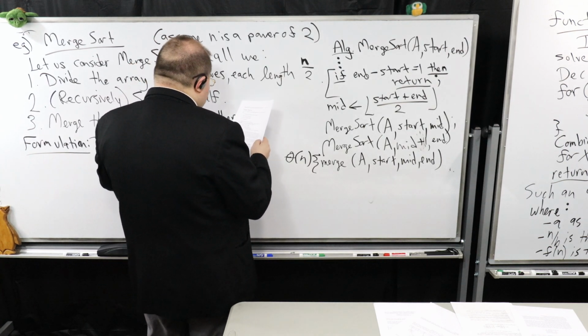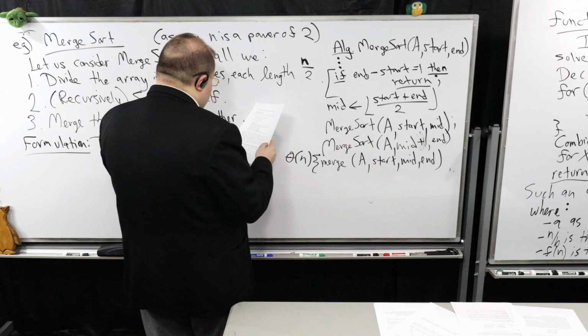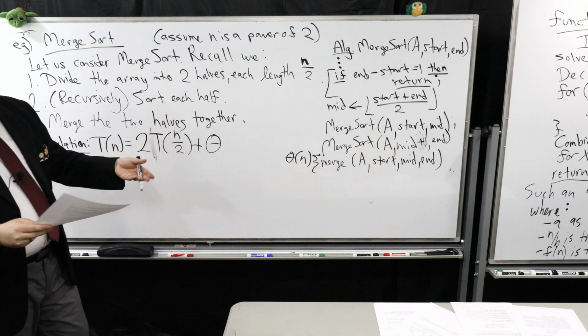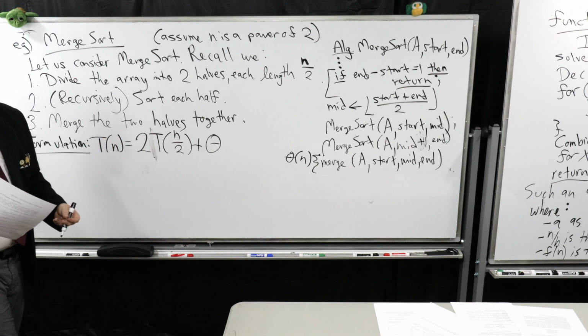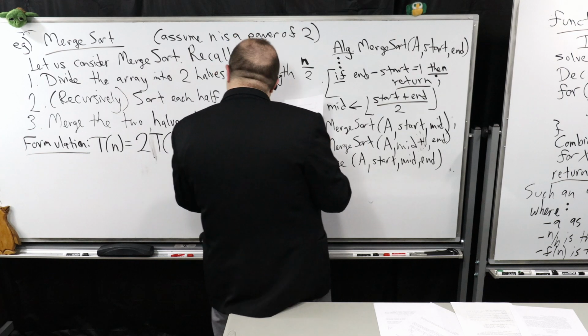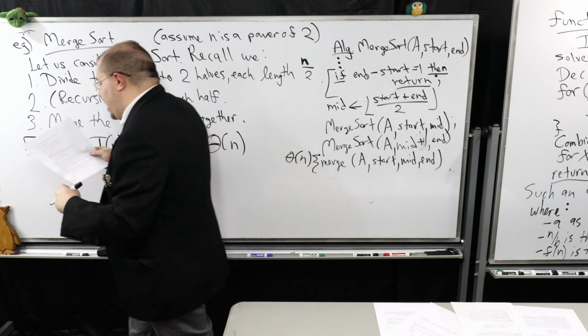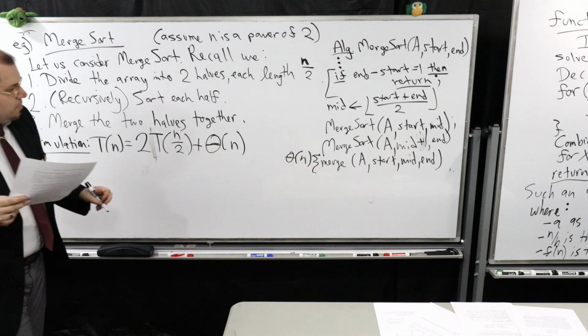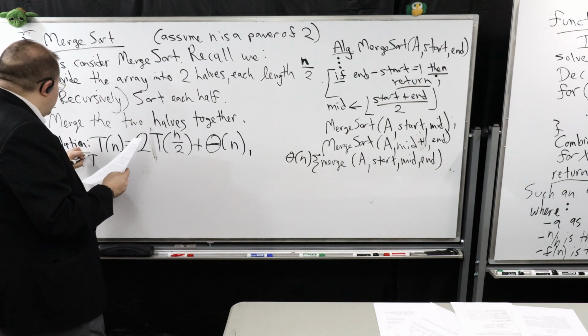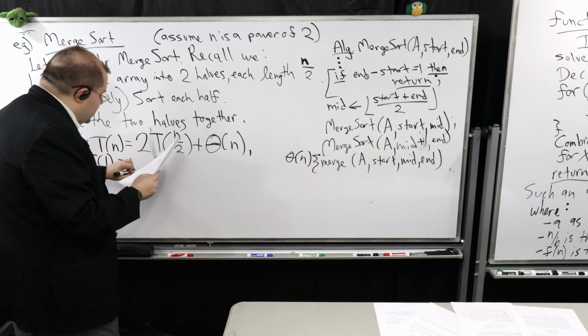So I have 2 times T of n over 2 plus everything else. If I add up all of these, they're going to get subsumed by the big theta n. So I'll leave it as an exercise for you to convince yourself that the amount of non-recursive work is big theta of n. So this is the case where T of 1 is equal to 1.